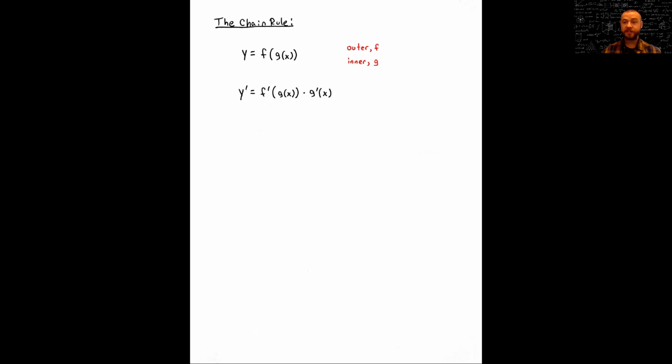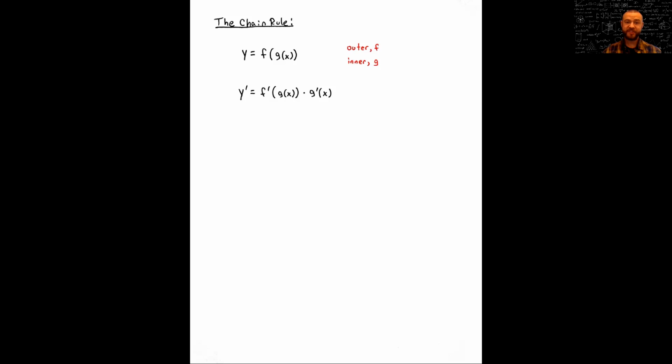We're not going to state it with proof, but the derivative for this composite function, y prime, equals f prime of g of x times g prime. And notice the original function is a composite. There is still a composite here in the derivative. The f prime of g of x is a composite function.